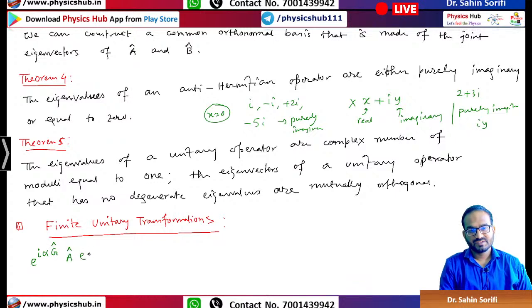A e to the power minus i alpha G. G is another operator, A is the operator. So you can write it in a similar fashion.